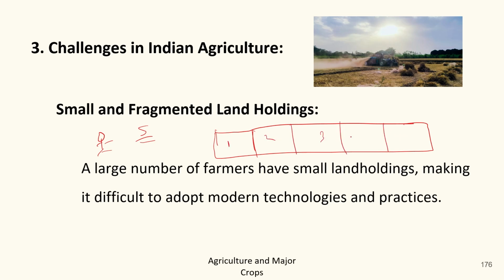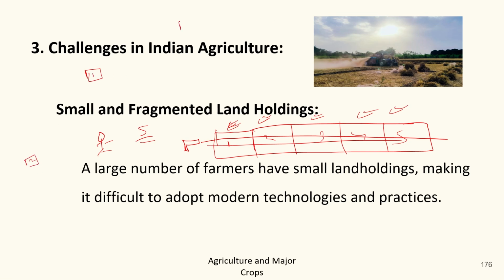If they were in a series, then he could install irrigation facilities and use them everywhere. Also, he could cultivate and harvest easily on these farmlands. But generally, he has 1 unit here, then the 2nd unit there, the 3rd unit here, the 4th unit there and the 5th unit here.